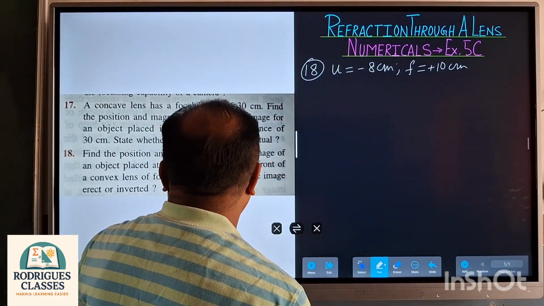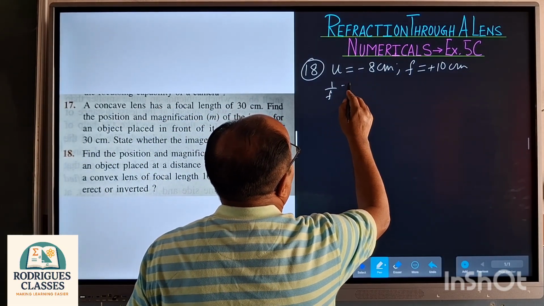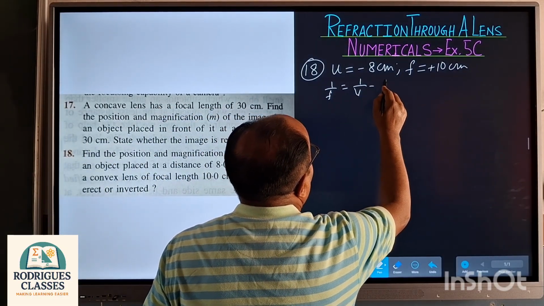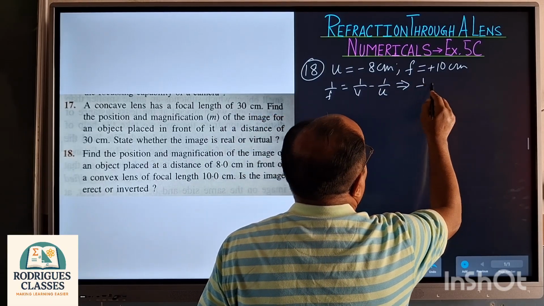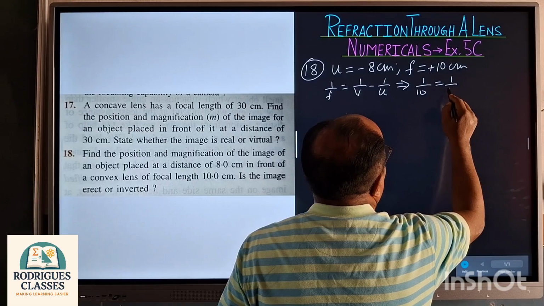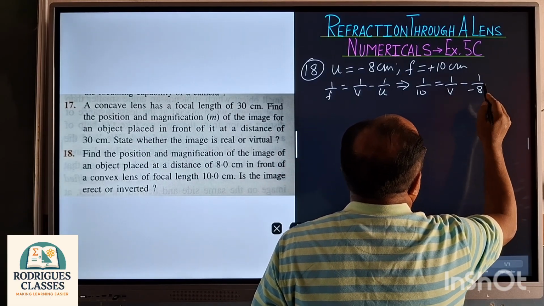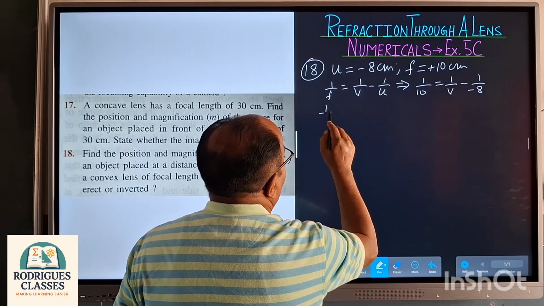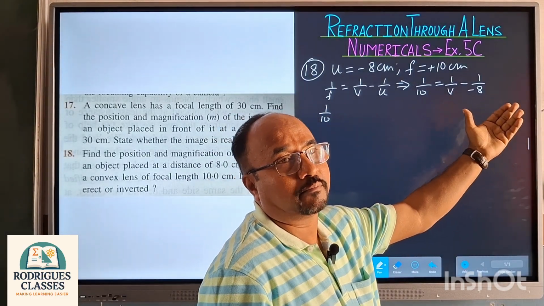Now we first have to find the position. So let us write the formula: 1 by F equals 1 by V minus 1 by U. So 1 by 10 is equal to 1 by V minus 1 by minus 8. So 1 by 10, minus minus becomes plus, plus 1 by 8.